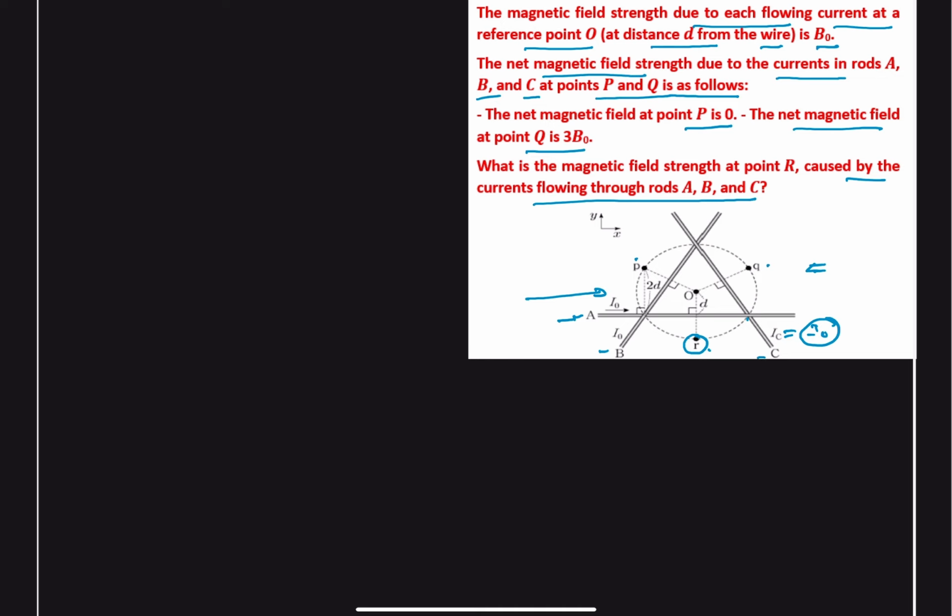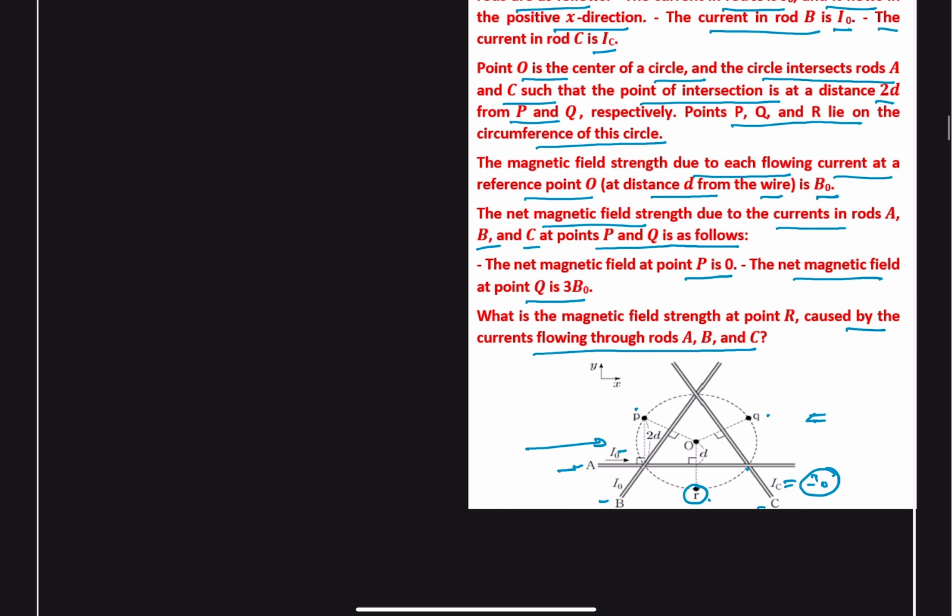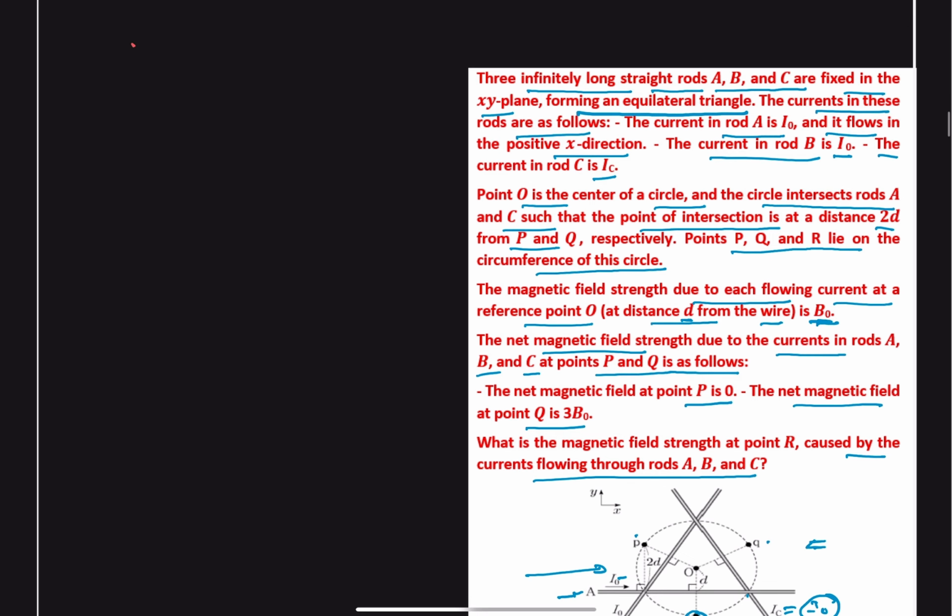And as a reference, it is given that at a distance d the magnetic field is B0. So we are going to use this as a standard reference formula, and start from here.